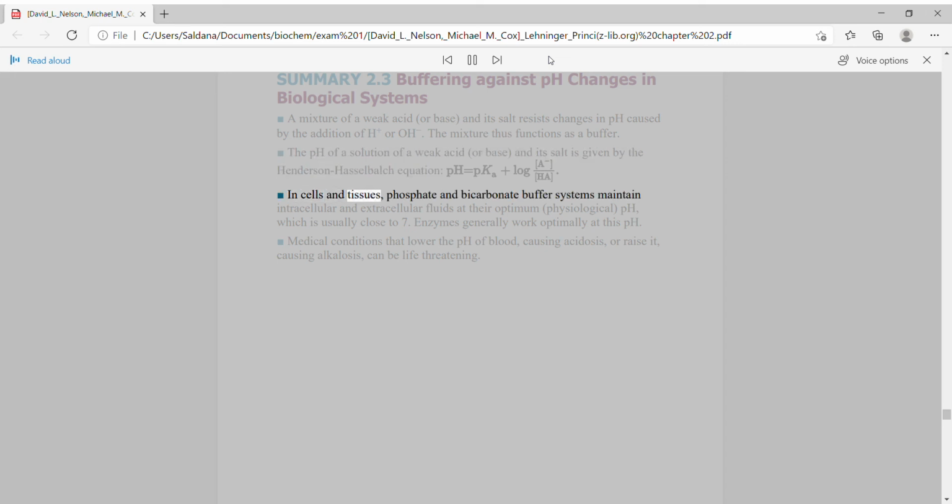In cells and tissues, phosphate and bicarbonate buffer systems maintain intracellular and extracellular fluids at their optimum physiological pH, which is usually close to 7. Enzymes generally work optimally at this pH. Medical conditions that lower the pH of blood, causing acidosis, or raise it, causing alkalosis, can be life-threatening.